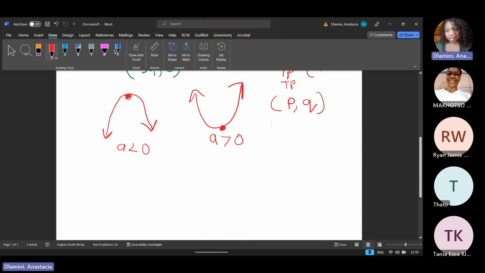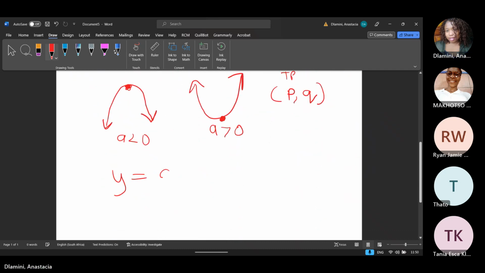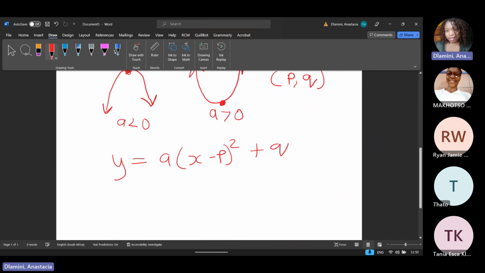Now, from the vertex form, a(x minus p) squared plus q, you can find the turning point of the graph, meaning that the coordinates of the turning point would be p and q.